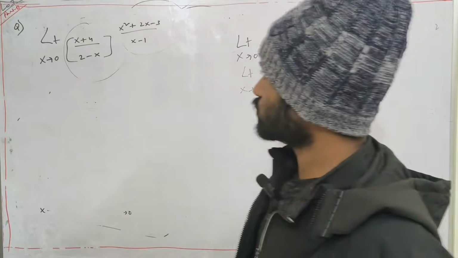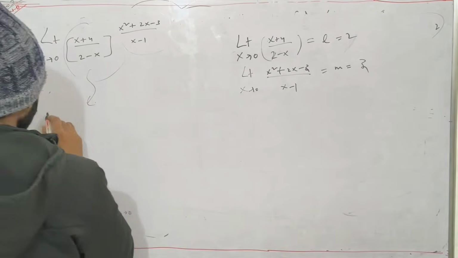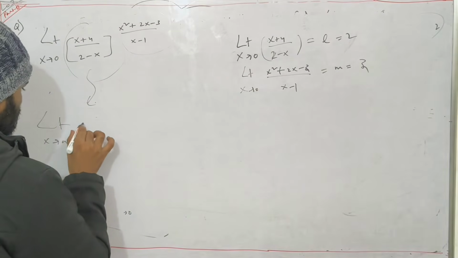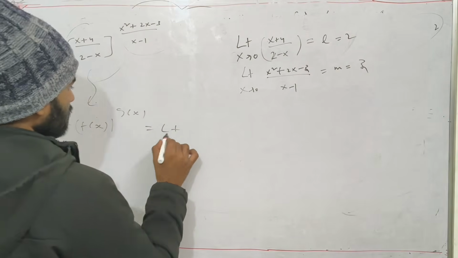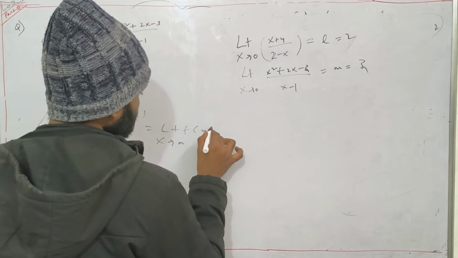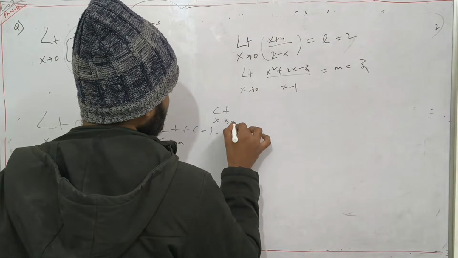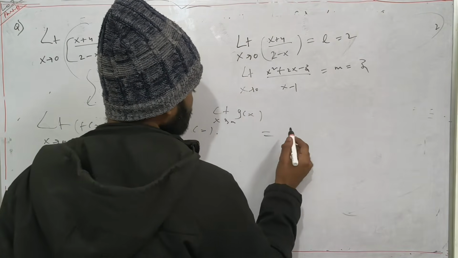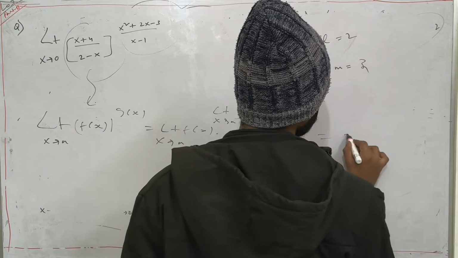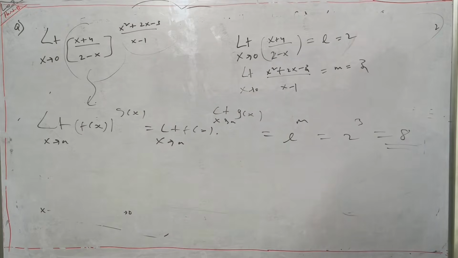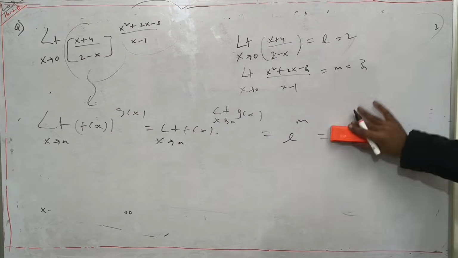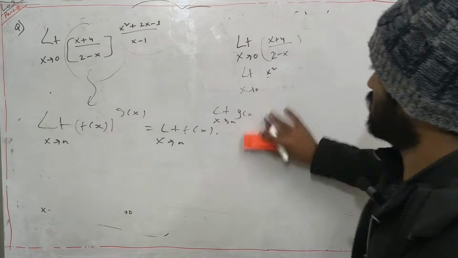So now if you use the third rule, what is the third rule? Limit x tends to a of f(x) power g(x) equals limit x tends to a of f(x) power limit x tends to a of g(x), equals L power M, equals 2 cube, equals 8. Samajh aa raha hai? Good. Let's proceed to the next question.